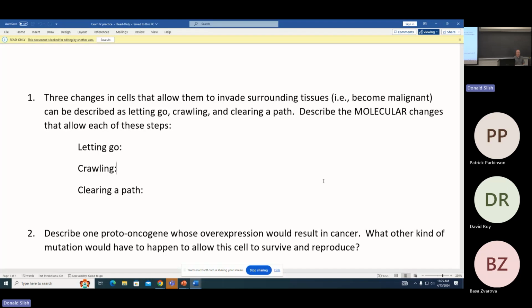Clearing a path, how does that happen? Breakdown of the extracellular matrix. Right. And how's that going to happen? Breakdown of extracellular matrix. I'm assuming it has a little bit to do with letting go as well, because you're breaking down those focal adhesions and clearing. Maybe, but there's a specific mechanism. It was actually one of the multiple choice questions.